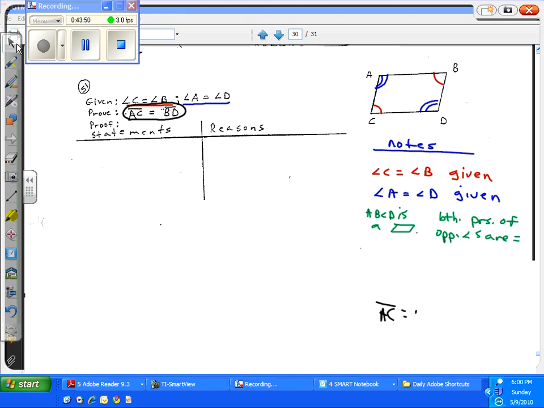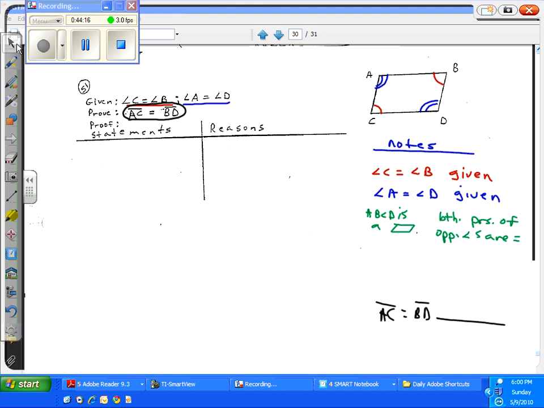AC is equal to BD, and we need a reason for that. So our whole job in this proof becomes to have a way to say that AC is equal to BD, a reason. And whatever reason we prove that by, we have to make the whole statement line up to say that, just like a road map, taking us from what we were given down to what we're trying to prove.